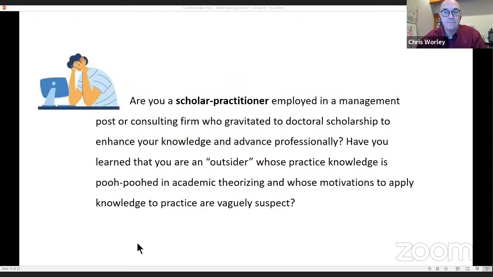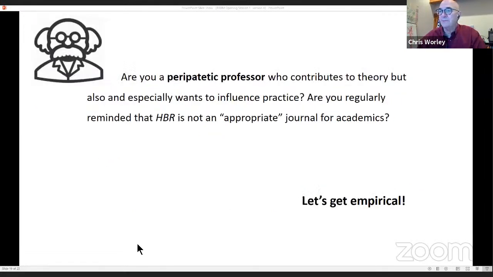and bridge the gap between what I know in the real world and what is known in theory. And then the last group that we thought we were writing for was the peripatetic professor who is just embedded in doing research and says, this stuff is important, and I'd like to find a way to get it out there, but I keep getting messages that HBR is not really the right way to get stuff out there, but still has an interest, right?